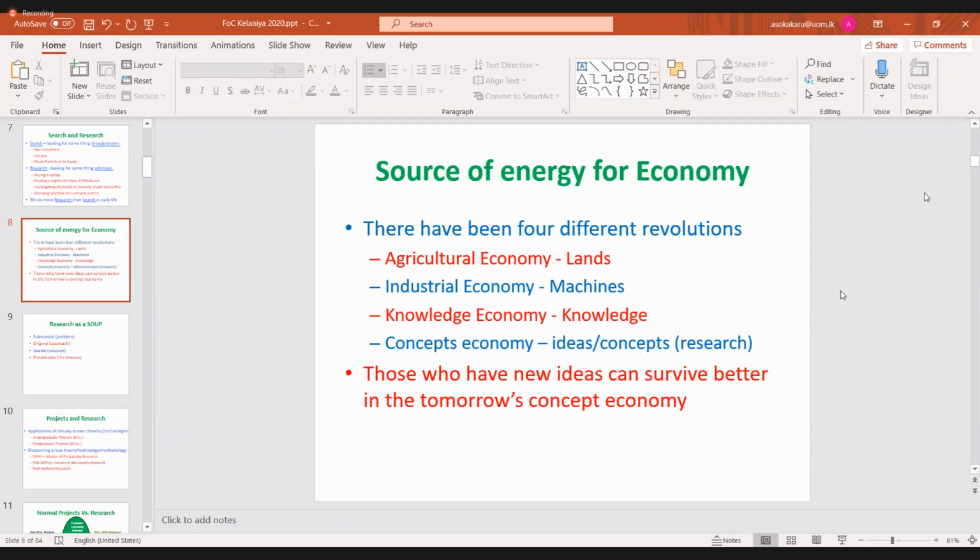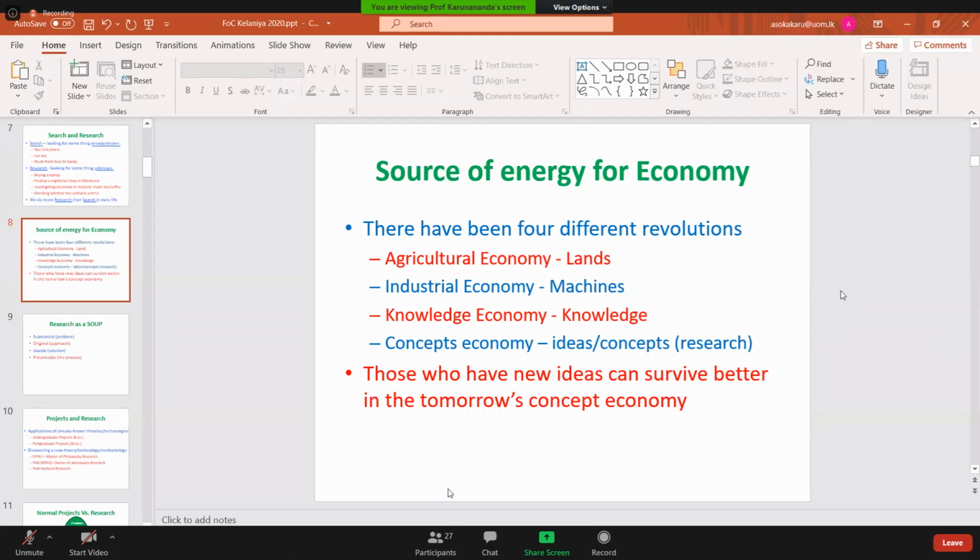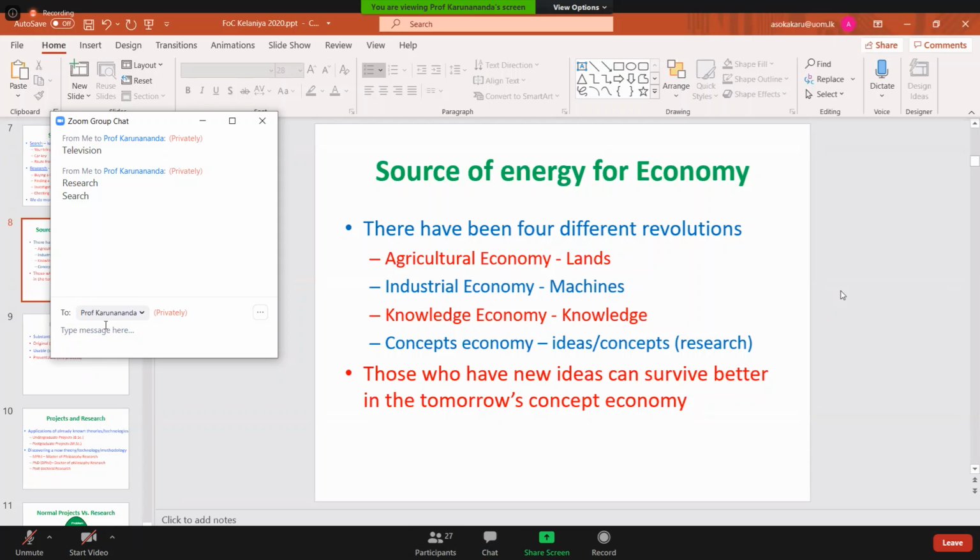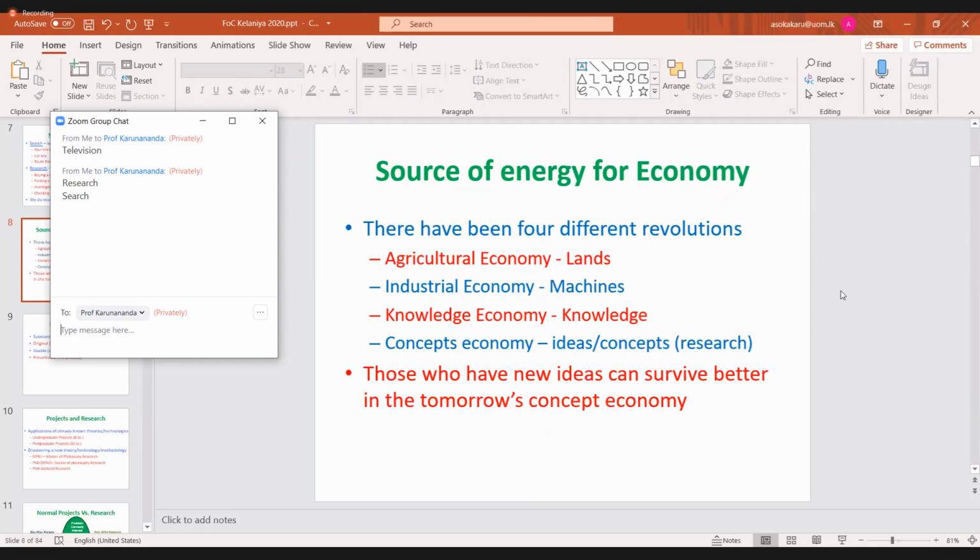Can you give me some examples where people became so rich because of ideas, not because of lands or knowledge or any other thing? Give me a few examples where, because of new ideas, some people became so rich.